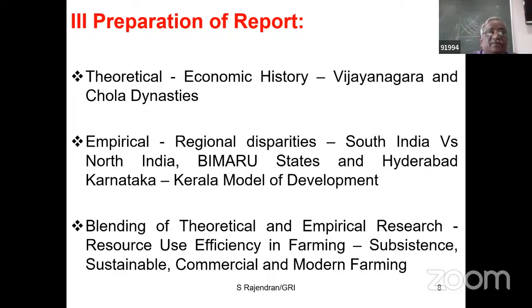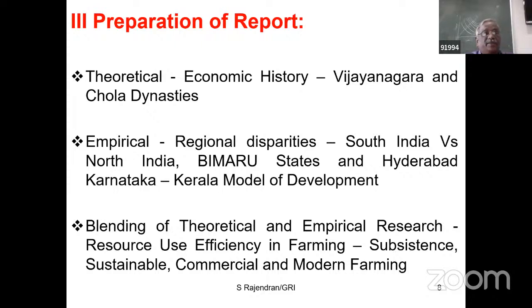It could be theoretical, empirical, economic history, political economy, political history, like your Hoysala dynasty in Greater Karnataka, Vijayanagara dynasty, both in Karnataka and also in Tamil Nadu. And one of the leading dynasties in Tamil Nadu is the Chola dynasty, which was responsible for shipbuilding, etc. So these are the issues that can be taken up at a theoretical and empirical level by integrating economic, polity, and also social issues.